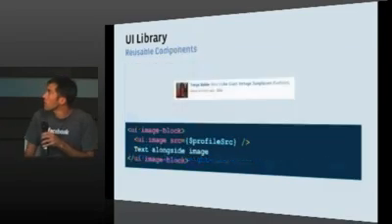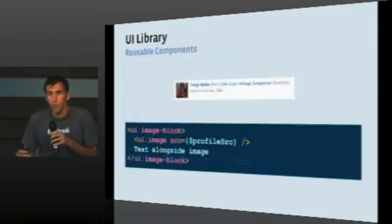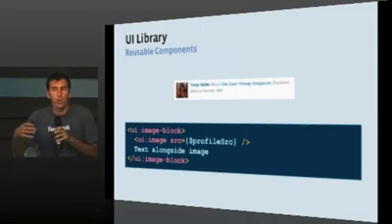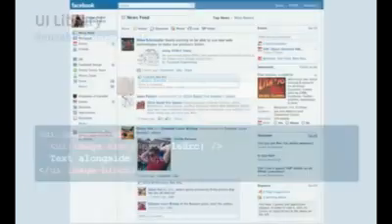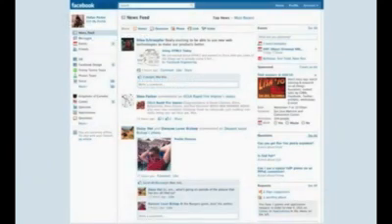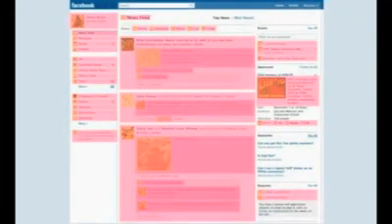So using this, we started building on top of it, making other smaller, a little more complex components. Here we have what's called a UI image block, which is essentially just an image followed by text on the right. And it's a common paradigm that we see in a lot of websites these days. And here is the home page with all the image blocks highlighted.